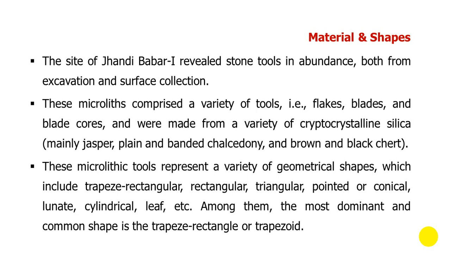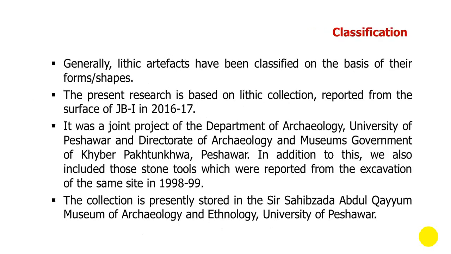These microlith tools represent a variety of geometrical shapes, which include trapeze, rectangular, triangular, pointed or conical, lunate, cylindrical, leaf shape, etc. Among them, the most common shape is trapeze, rectangle, or trapezoid.